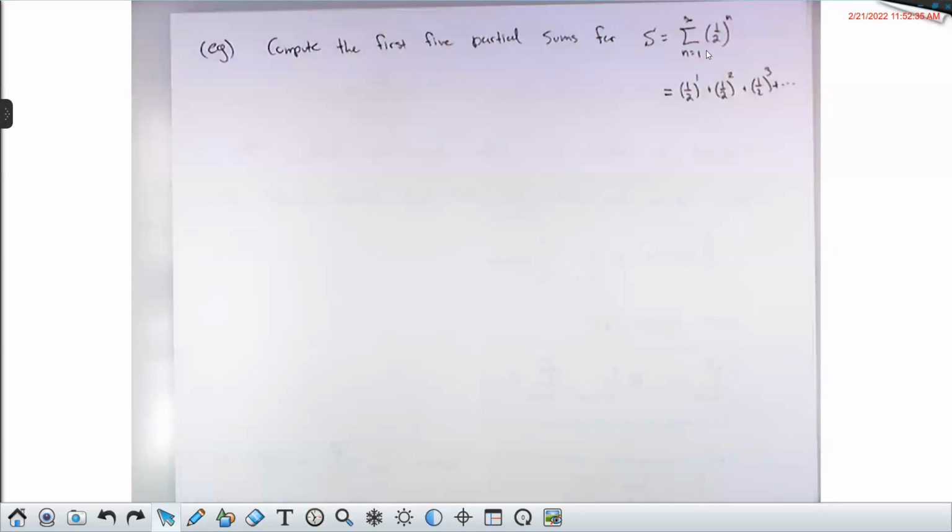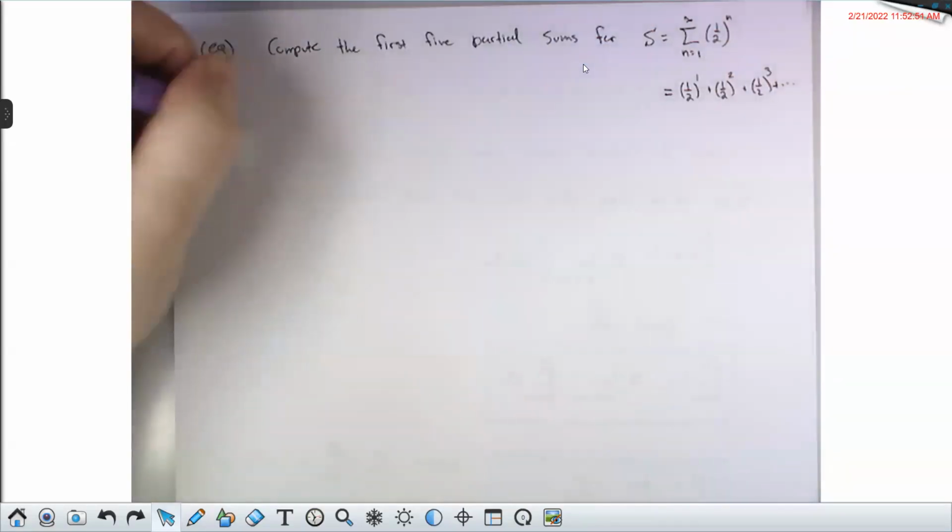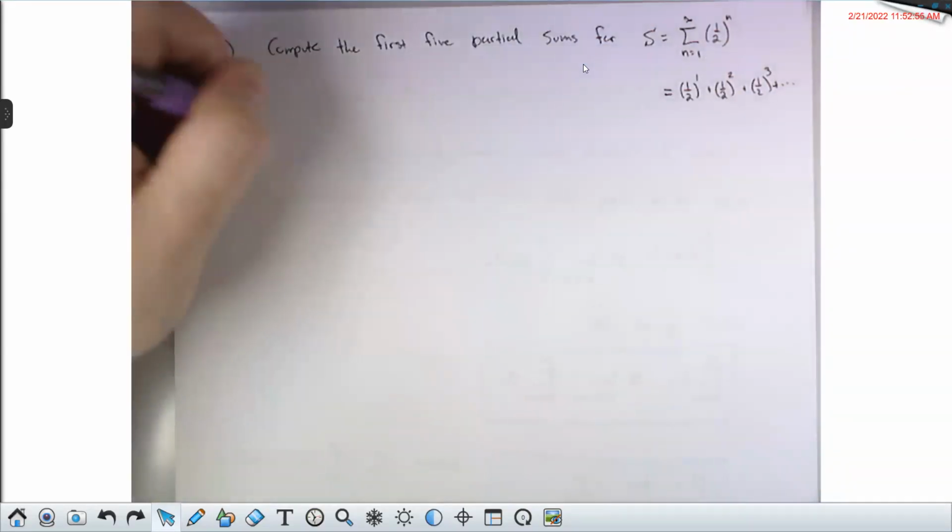That's what that guy means. And now my task again is to find the first 5 partial sums. Since the series starts at 1, the first partial sum would be S1.